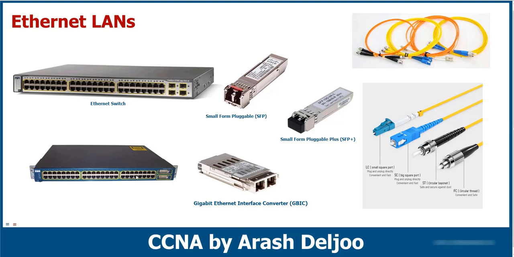But in this switch, as you can see, again we have multiple RJ45 ports and 2 connectors for connecting the fiber optic. But the question is how we can connect the fiber optic to these slots. Here we have 4 empty slots and here we have 2 empty slots.